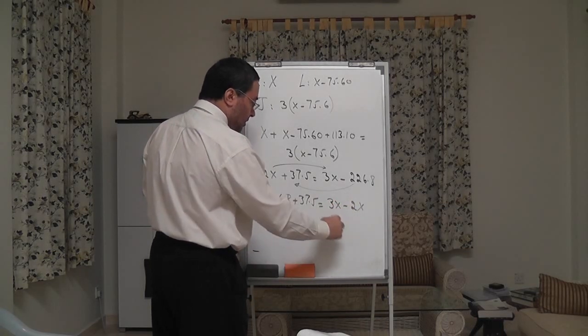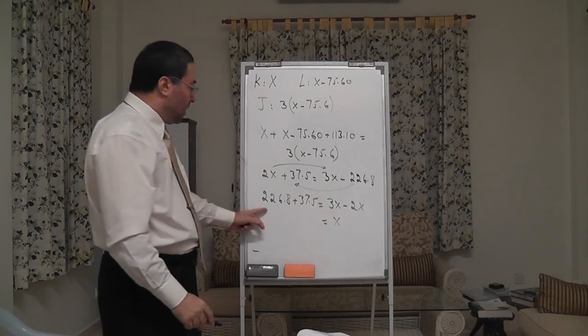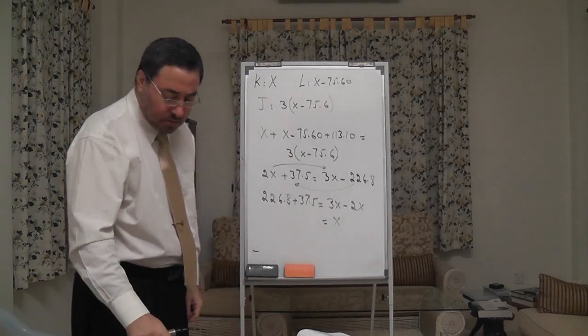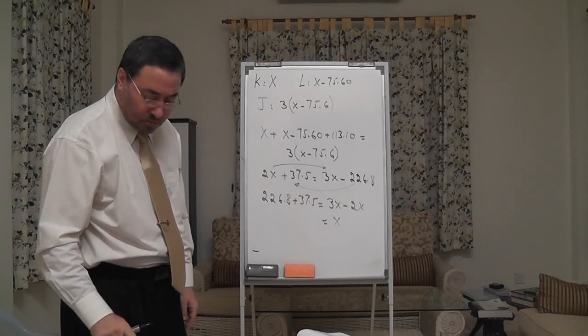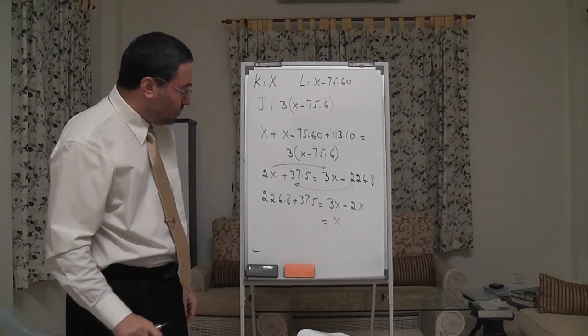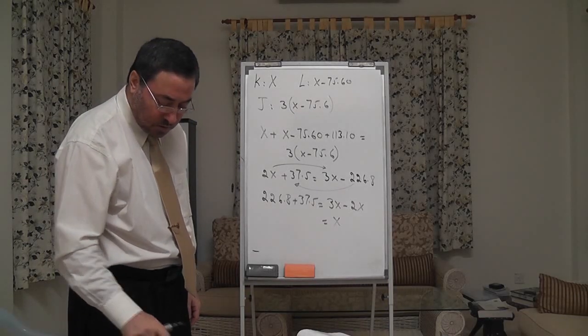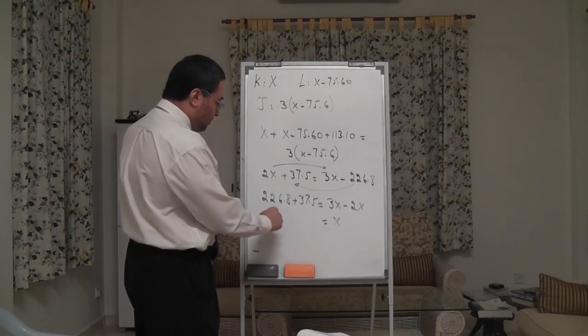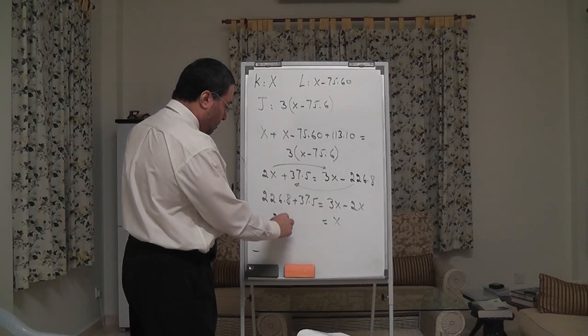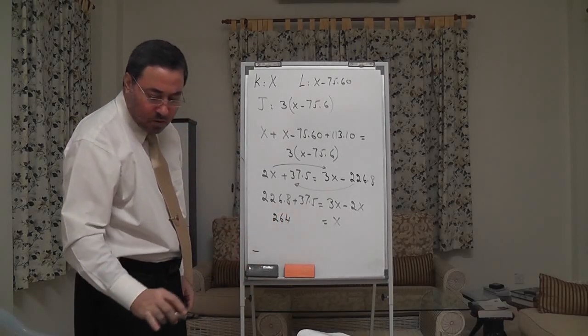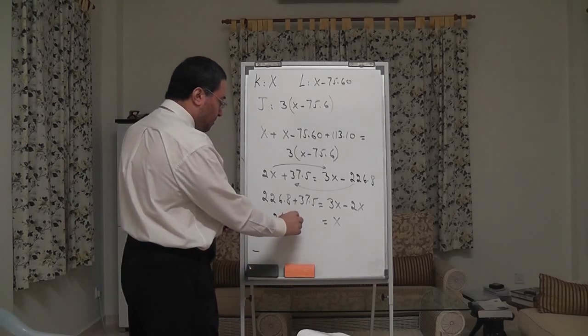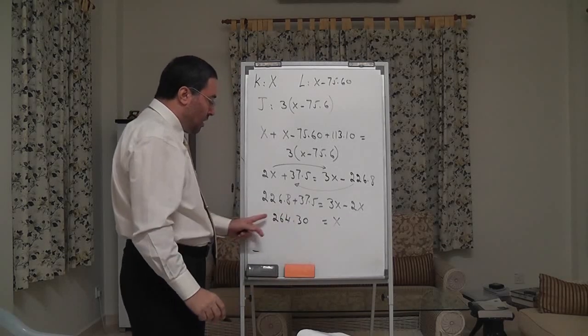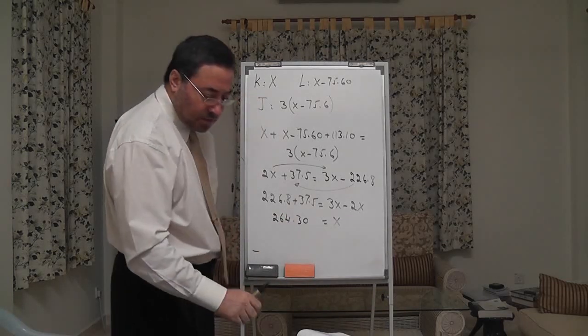And here this is 1x, and we add these two numbers, 264.30. So this is how much Ken has.